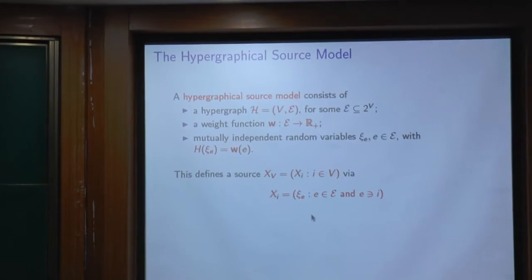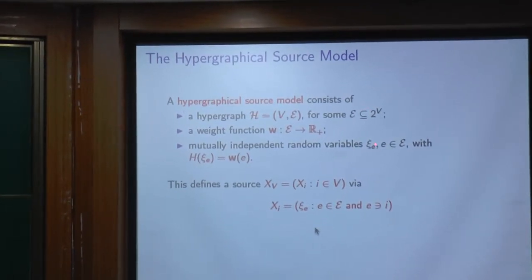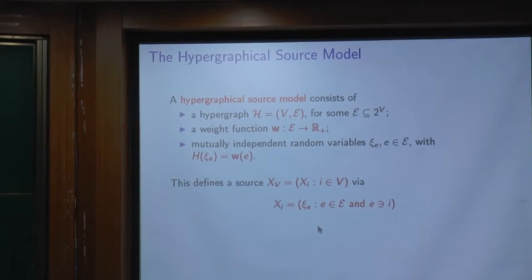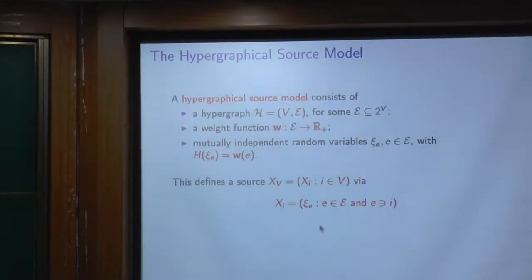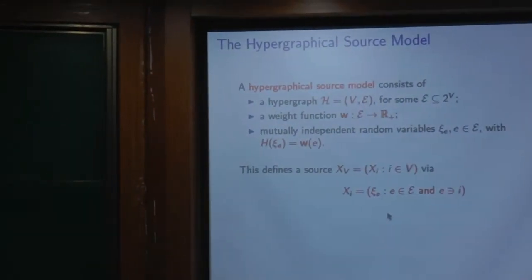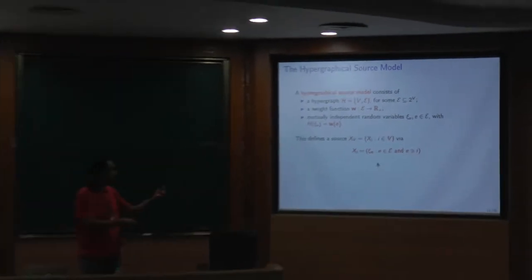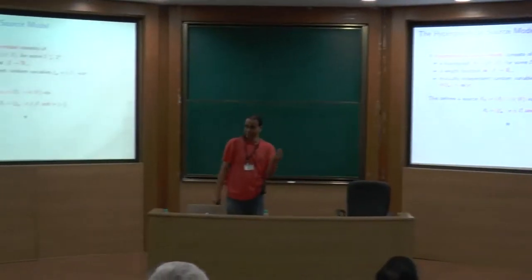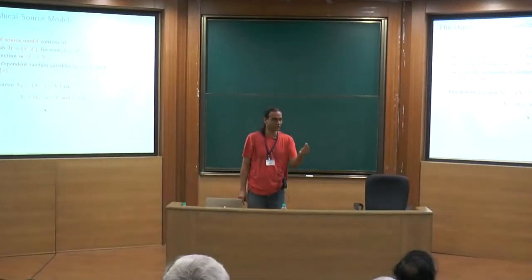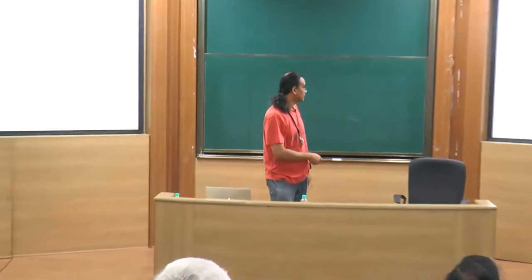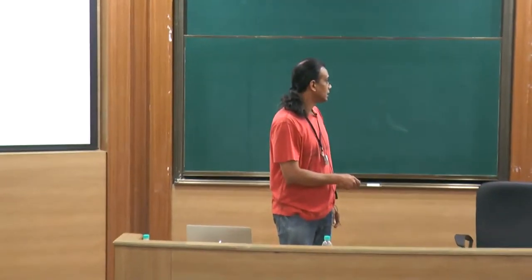Each of these edges has a random variable sitting on it, and you should think of that as being a group secret, a secret that all the group members within that group share. Now, a particular terminal could sit in a bunch of groups. So the observations of that terminal comprise the random variables of the groups it belongs to.